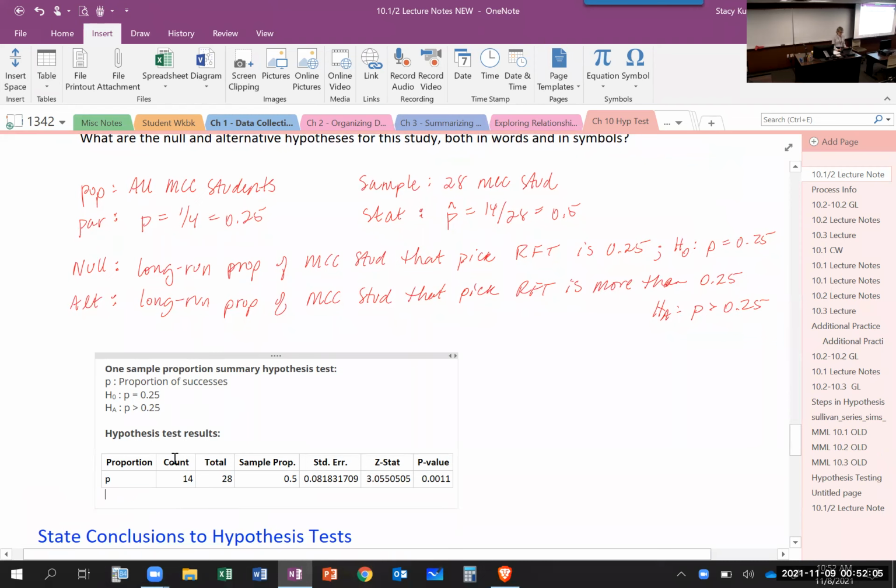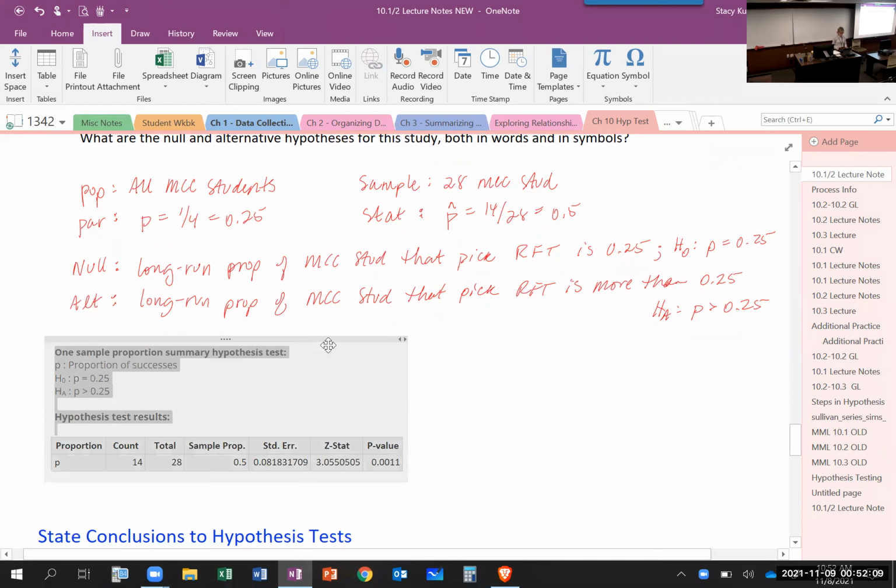Because I want to be able to explain where this information comes from. Okay, so you're writing those down. Now, everybody should have the same thing that I have on the screen up there.